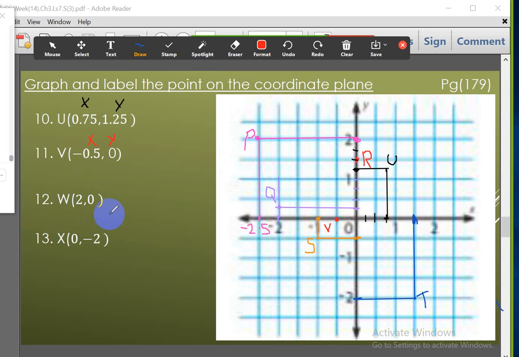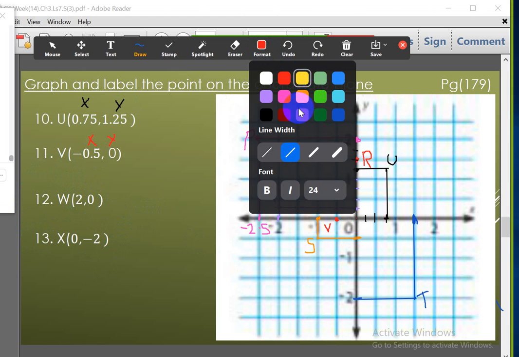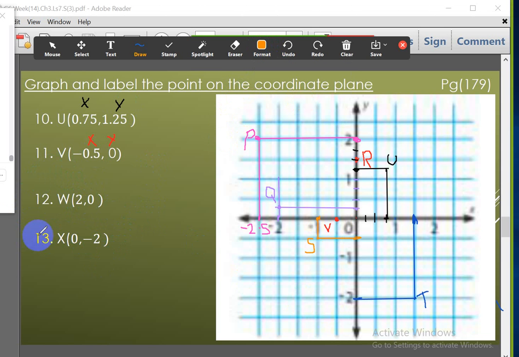Now W, number 12. W is 2, 0. This is X and this is Y. The X is 2 and the Y is 0. Also the same thing here.